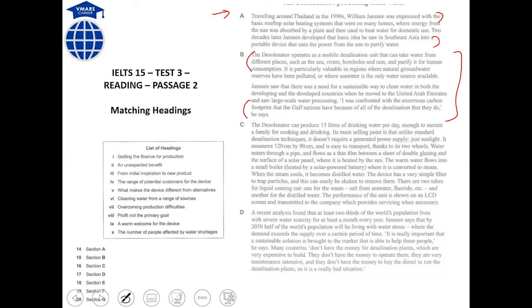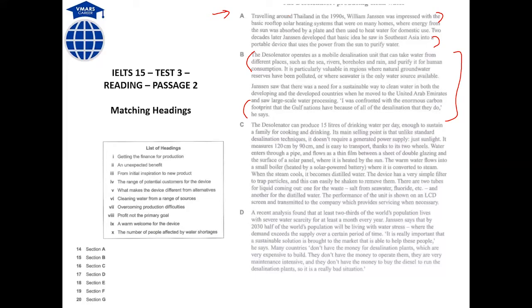The last lines, if I have to read, is I was confronted with the enormous carbon footprint that the Gulf nations have because of all of the desalination that they do. He says, so now he's referring to the Gulf nations and they are actually producing a lot of carbon footprint. So first few top lines and below lines, and now I move to the headings.